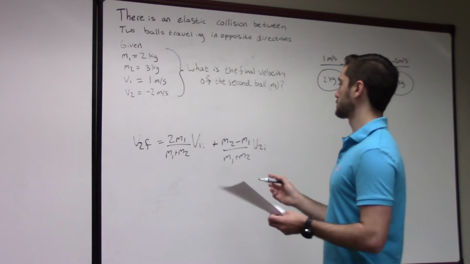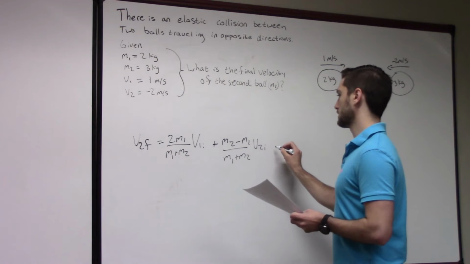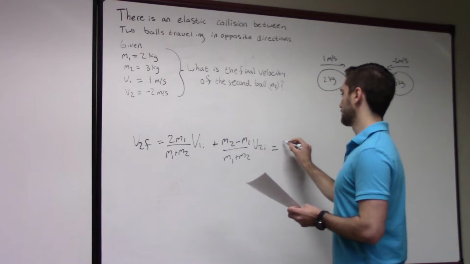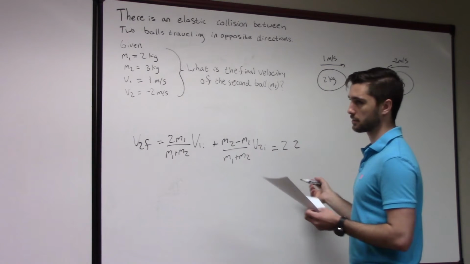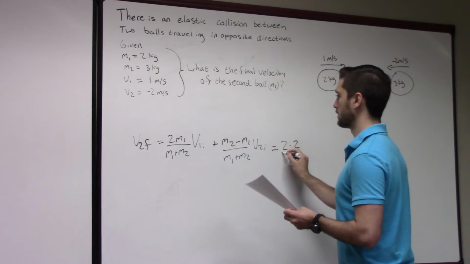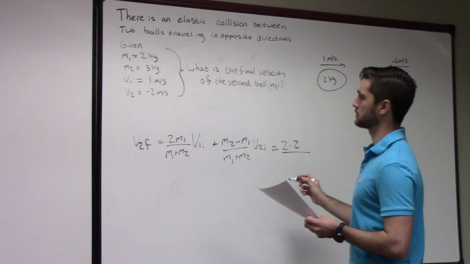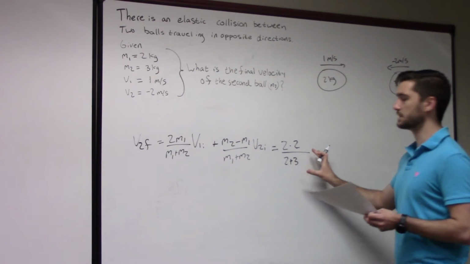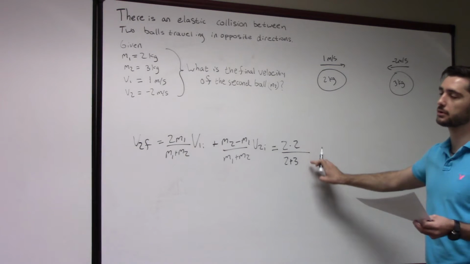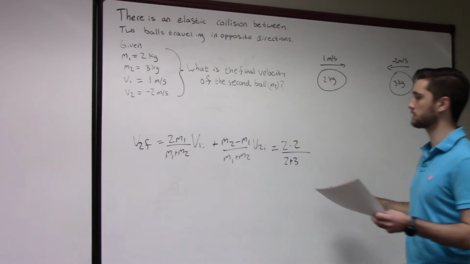So now all I need to do is plug in my numerical values and get an answer. So I have 2 times the mass of the first ball, which is 2 kilograms, and I'm just going to drop units here for a minute to make things simpler. Divided by mass 1 plus mass 2, so that's 2 plus 3. You notice that it'll be kilograms in the numerator and kilograms in the denominator, so it cancels out anyway.